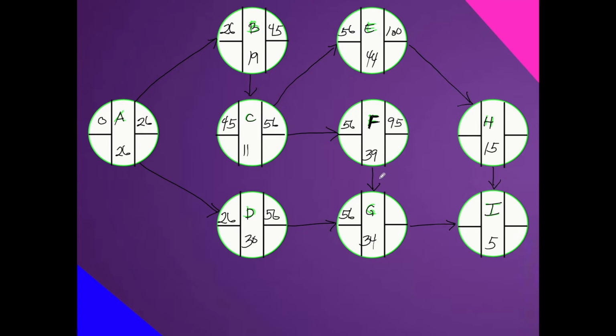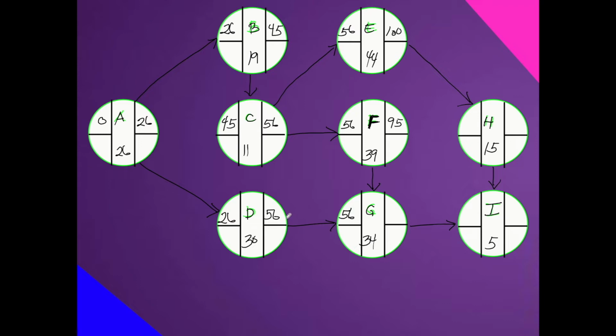Now, since ang earliest finish ni F is 95, tapos ang earliest finish naman ni D is 56, ang rule natin, ulitin ko, when we say forward pass, yung pipiliin natin is yung mas malaki. So, 95 versus 56, at of course, 95 ang pipiliin natin kasi nga forward pass tayo.